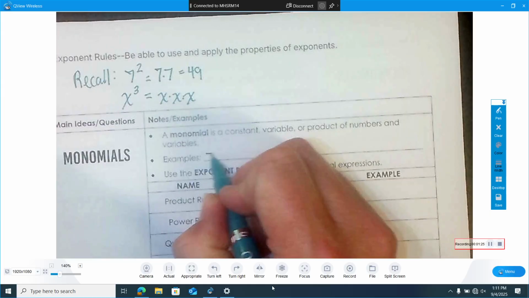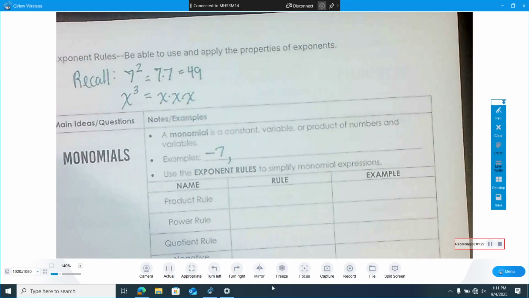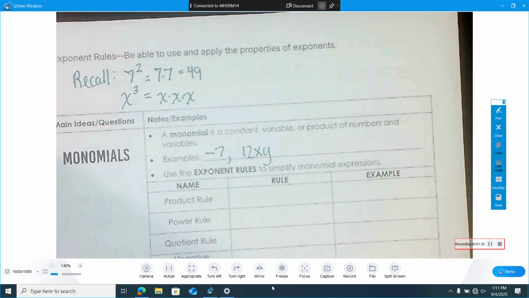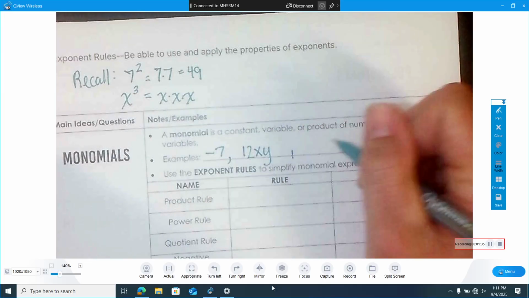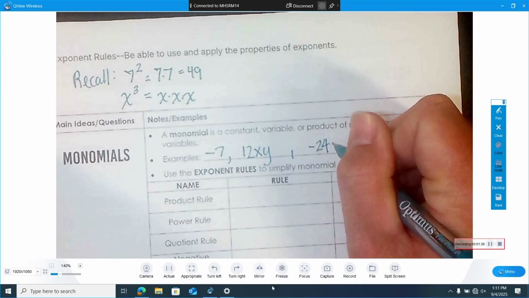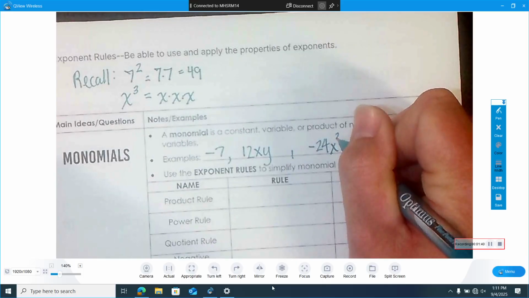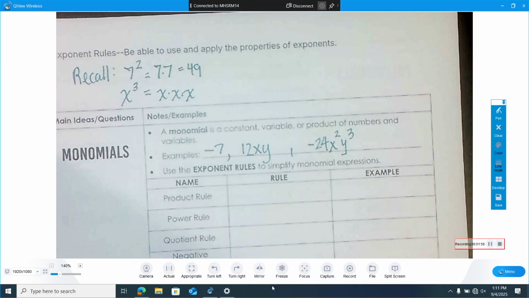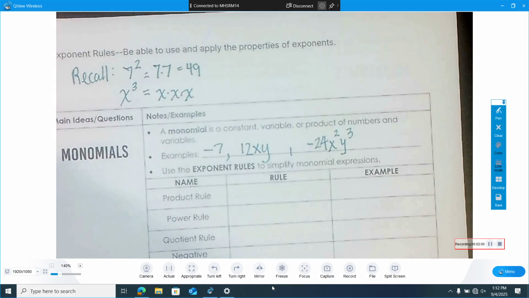Something like -7 would be considered a monomial, or maybe something like 12xy, that might be a monomial, or something like -24 x squared y cubed. Okay, all of these are examples of monomials, one single term, connected by multiplication. All things multiplied together. So we are looking at simplifying monomial expressions here today.